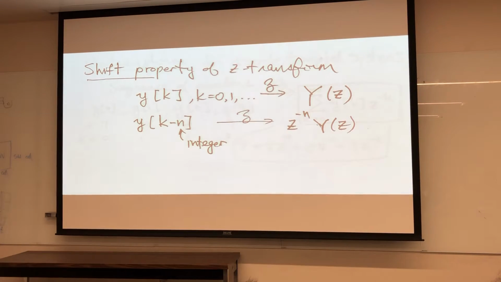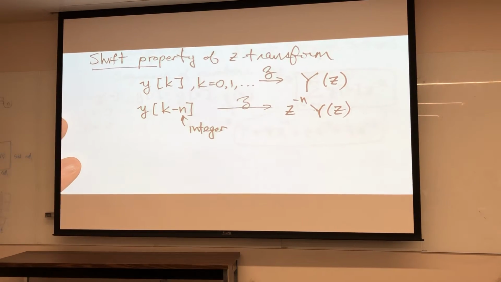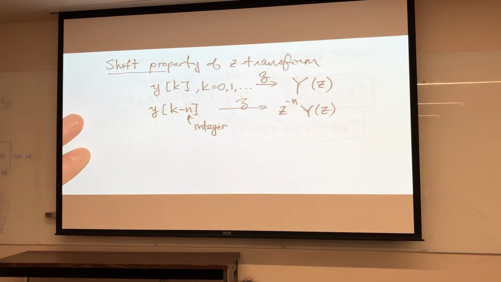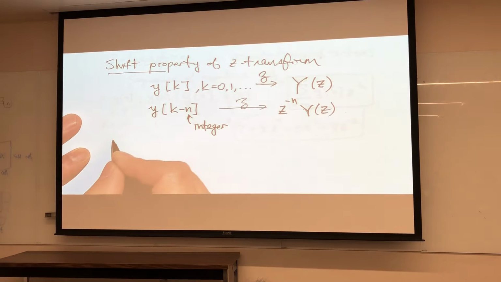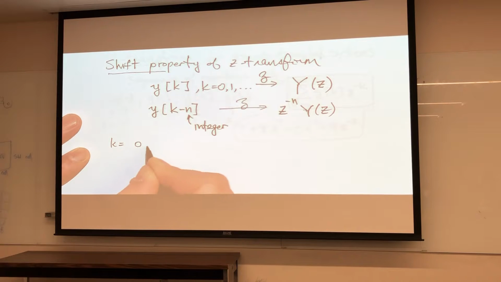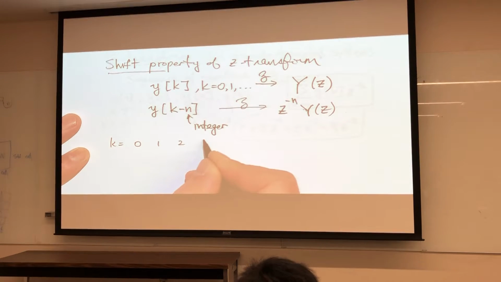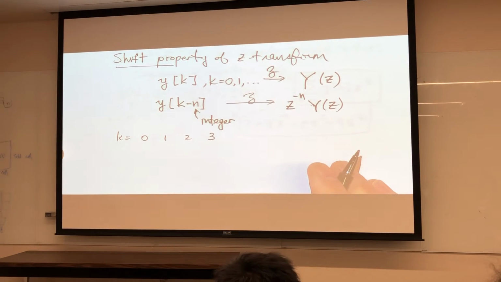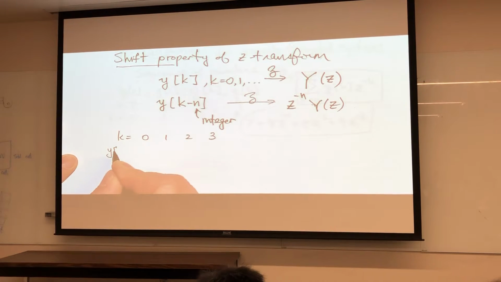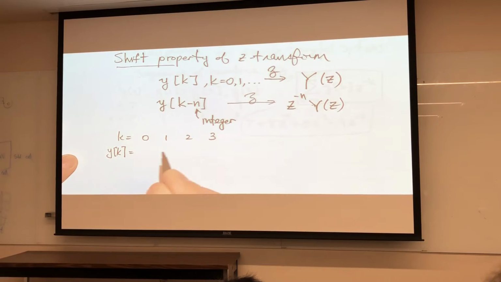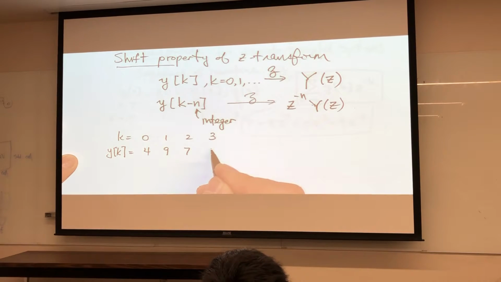So, as an example, let me do again two sequences. k equal to 0, 1, 2, 3. Just let's do a short sequence like that. And let's suppose y of k is equal to 4, 9, 7, 5.